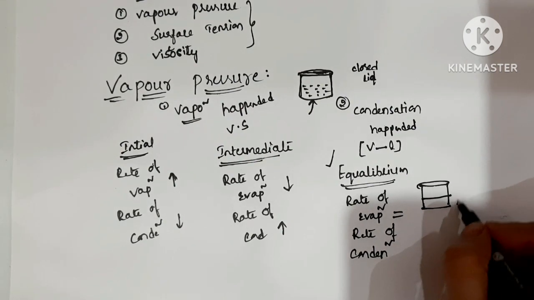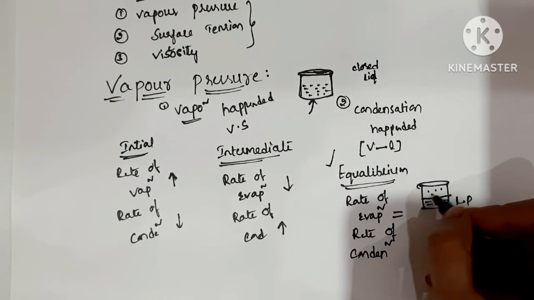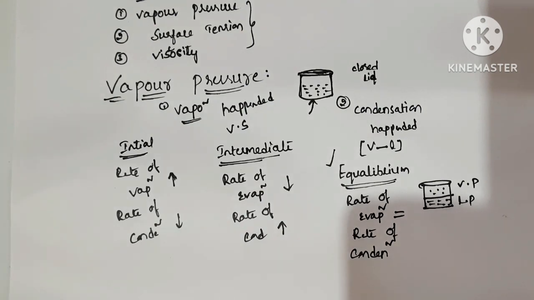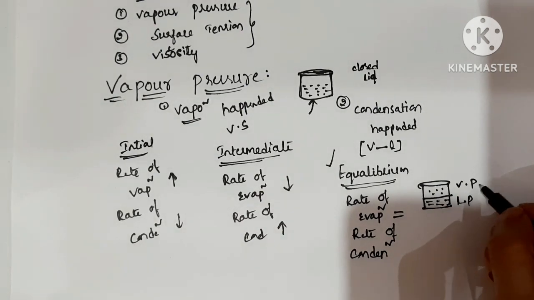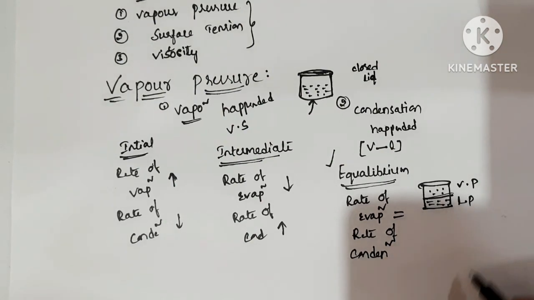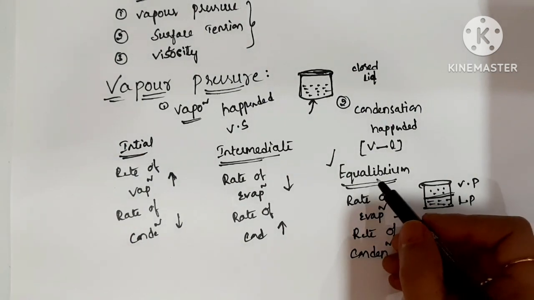At this state there is a liquid phase, and there is a vapor phase also. The vapor phase is placed at the surface of the liquid phase. That means the rate of evaporation is equal to the rate of condensation at equilibrium state.